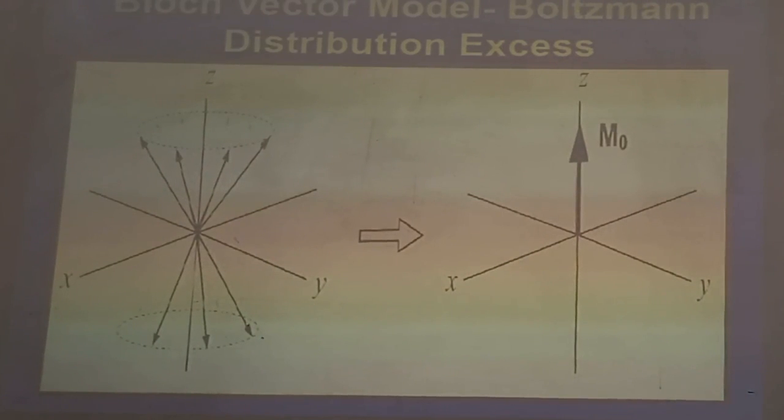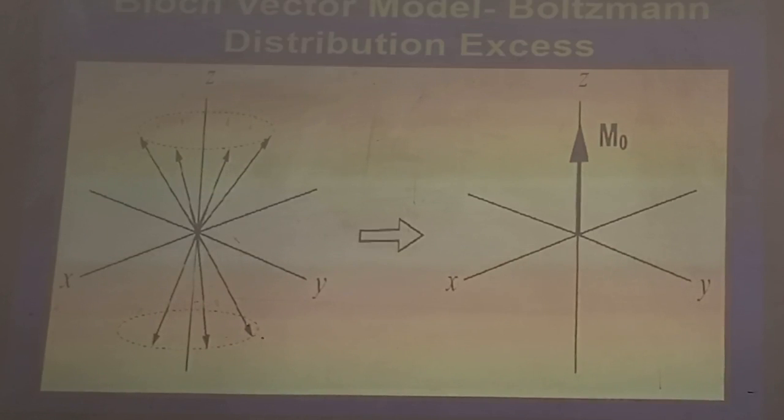Now, how does M0 lead to a signal, or what is the effect of this pulse? As I told you just a moment ago, when you give a pulse, you are actually disturbing this M0 from its equilibrium position. Which is the equilibrium position? Z-axis. So you are disturbing M0 from the Z-axis when you give a pulse.